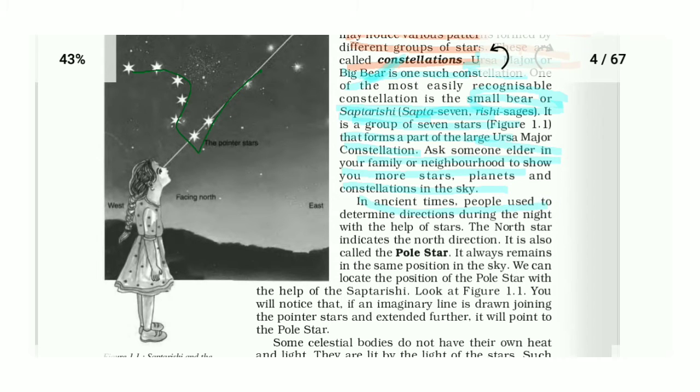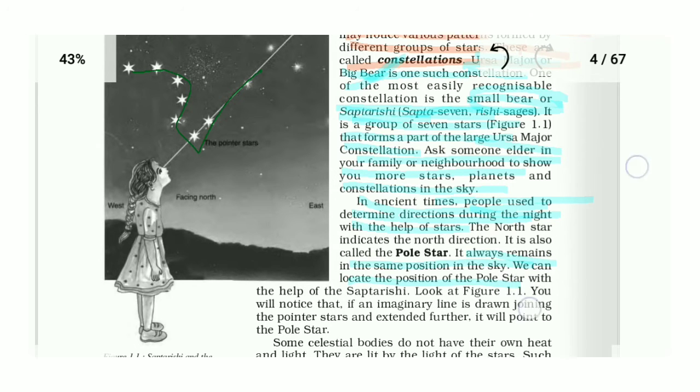In ancient times, people used to determine direction during the night with the help of stars. It can be done with the help of the north star, because the north star is always present in the north direction, it doesn't change its direction, and hence it is called the pole star. It always remains in the same position in the sky.